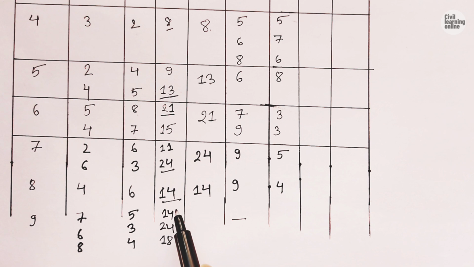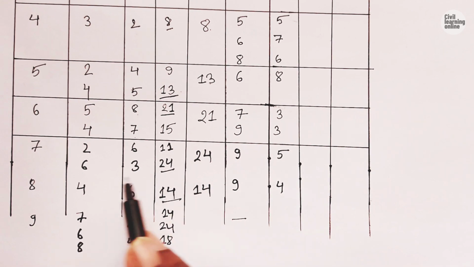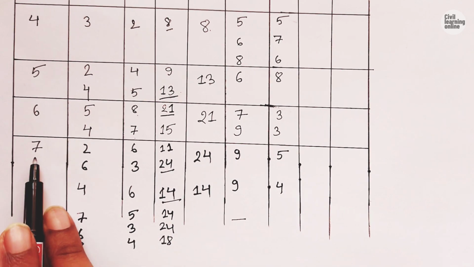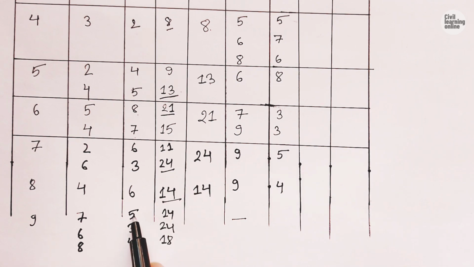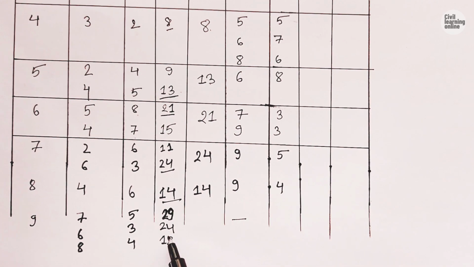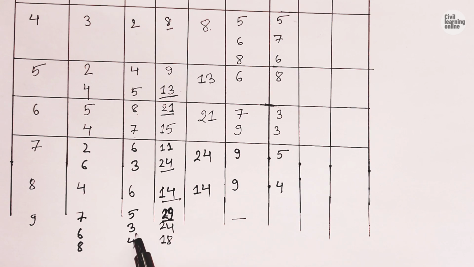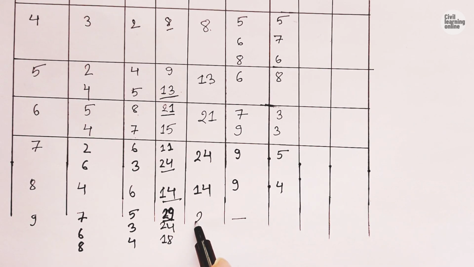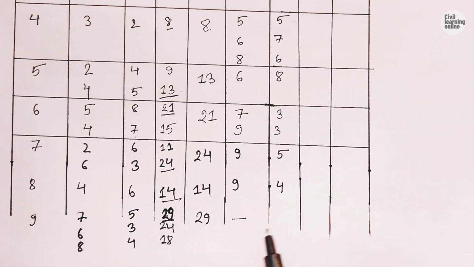A little bit of mistake I have done here: the earliest expected time of event 7 is 24, 24 plus 5 is going to be 29, and 24 and 18 are correct now. The maximum among these three is going to be the earliest expected time of event 9, that is 29.